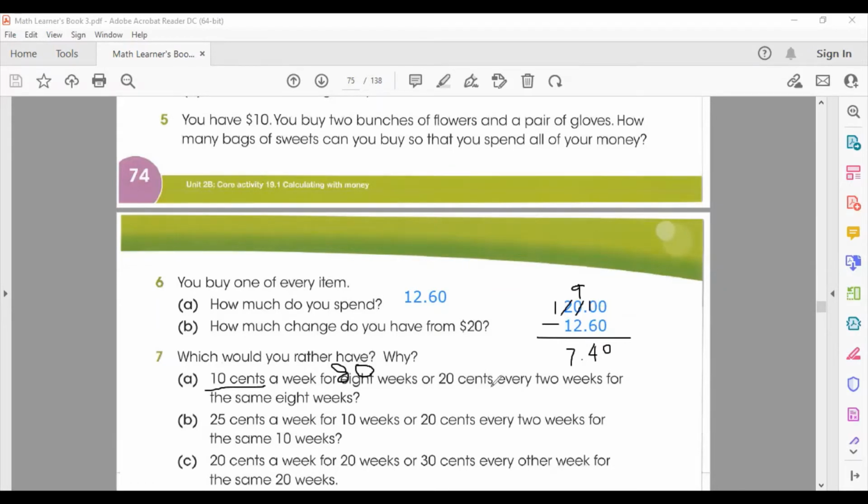And 20 cents every 2 weeks for the same 8 weeks also comes to 80 cents. So it is the same. We can write here it's the same, we can choose any one. Second part, 25, I'm just going to go down.